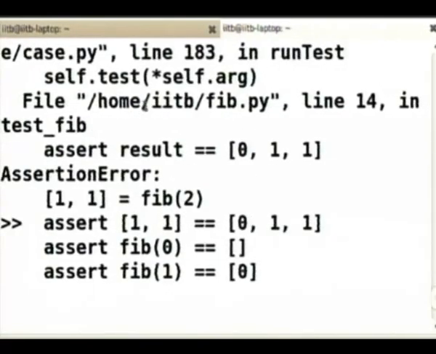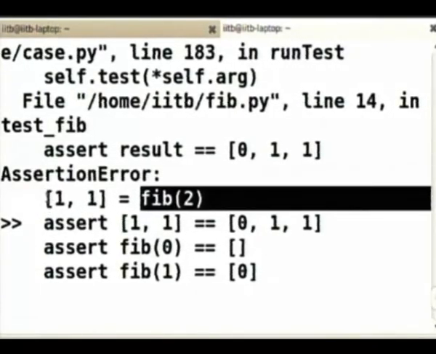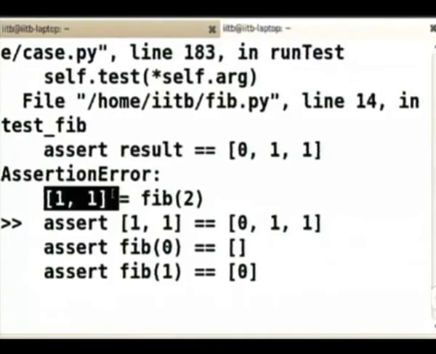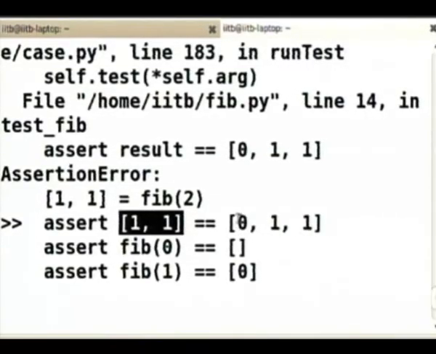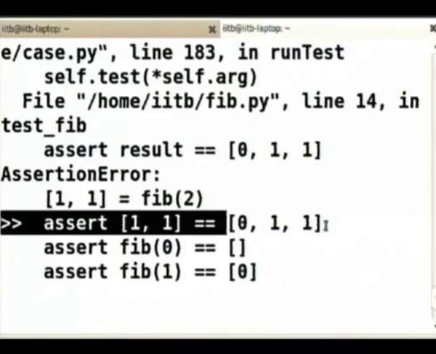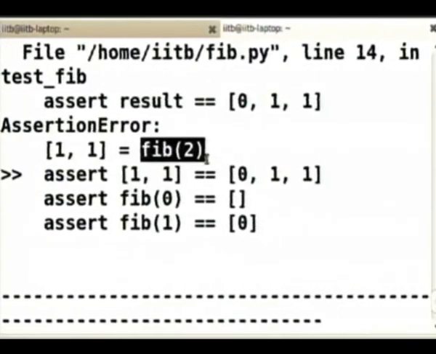So it is basically saying fib of 2 actually produced 1, 1, and 1, 1 is not equal to 0, 1, 1. So as you can see, I don't have to do any additional work. I just do nose test minus d fib.py. It actually tells me, oh, you wanted this, you got this, they are not the same. And I don't have to do inspection, debugging, print statement, nothing. I just do nose test minus d, it says, oh, fib of 2 is returning 1, 1.